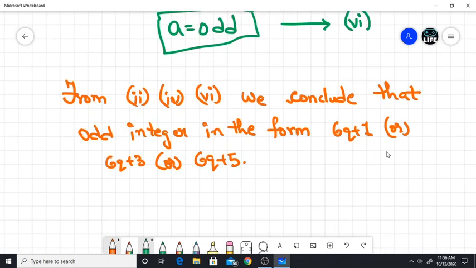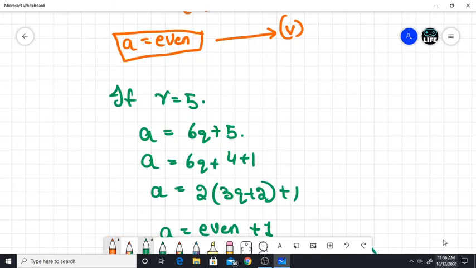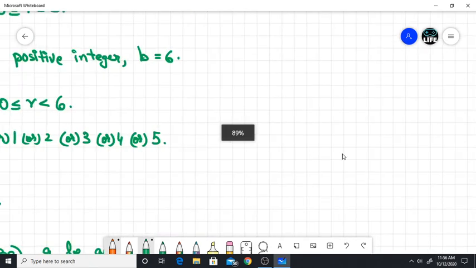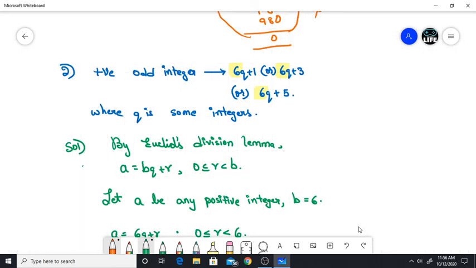Okay, I will explain this sum again. This is a very big sum, but it's very important. The question is: use Euclid's division algorithm to show that every positive odd integer is in the form 6q plus 1 or 6q plus 3 or 6q plus 5, where q is some integer.